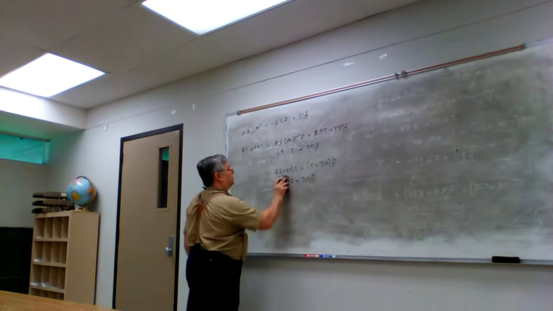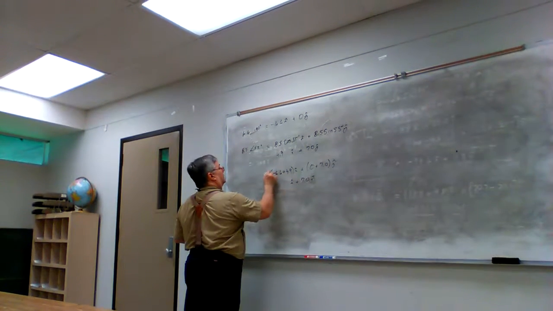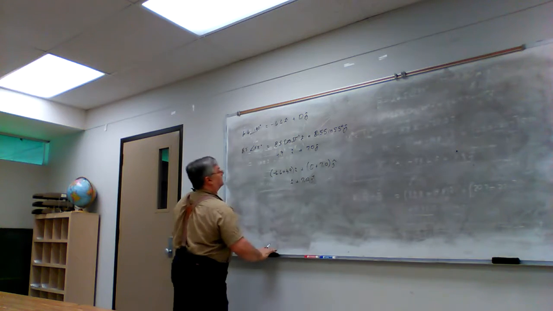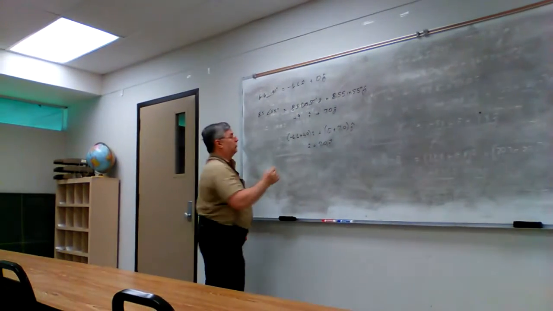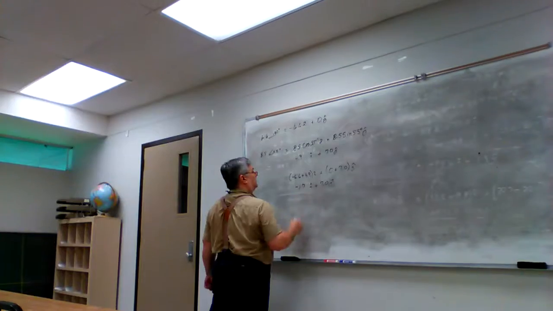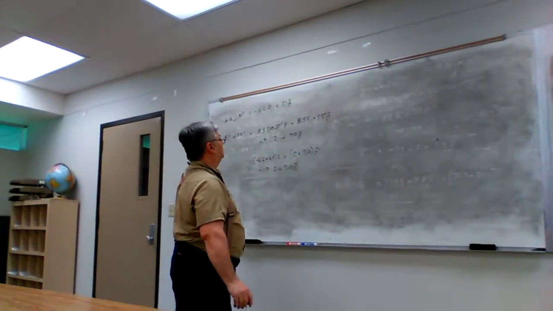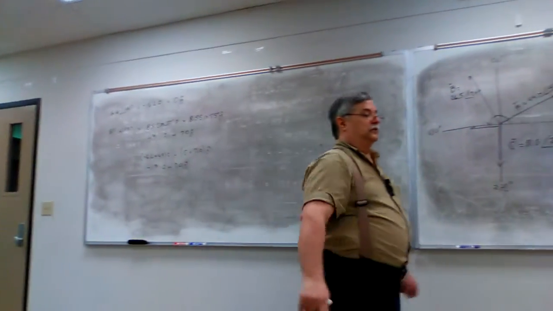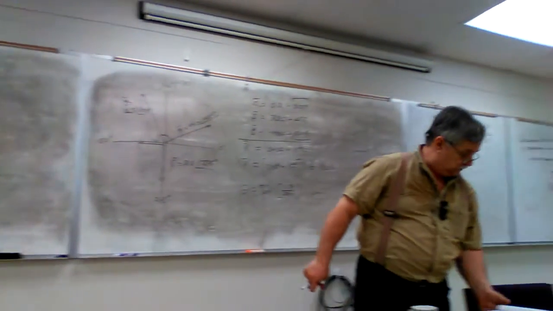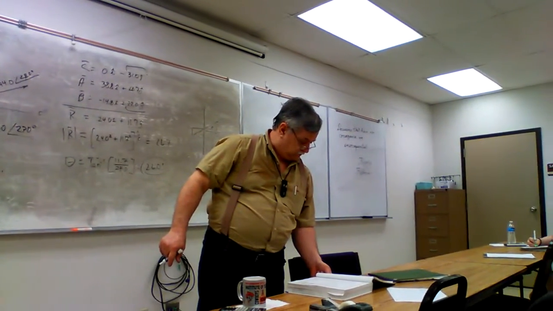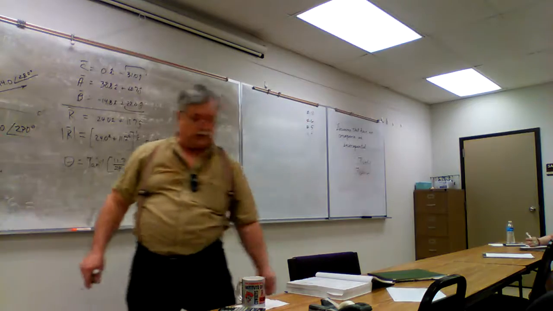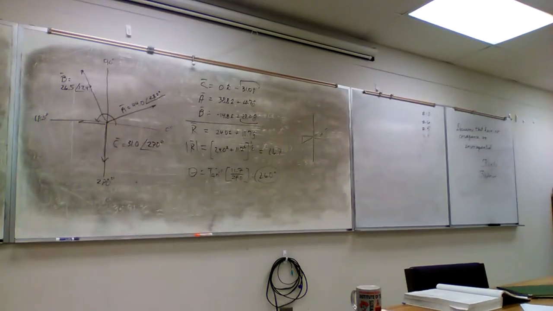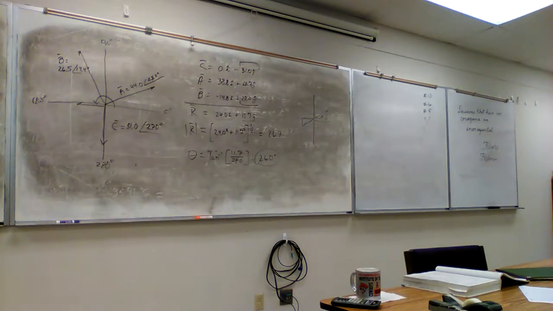So, what is that? Negative 1.7 I plus 7.0j. Does it ask for us to put that into polar coordinates? Yeah. Put it into polar coordinates. What's the magnitude of this one?